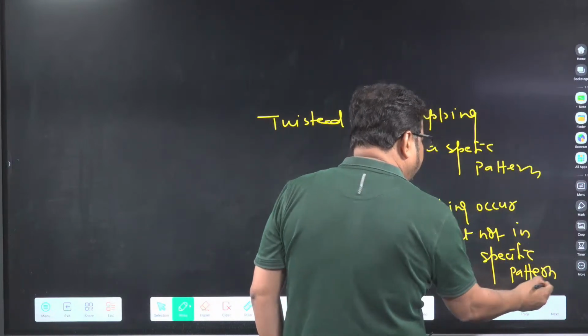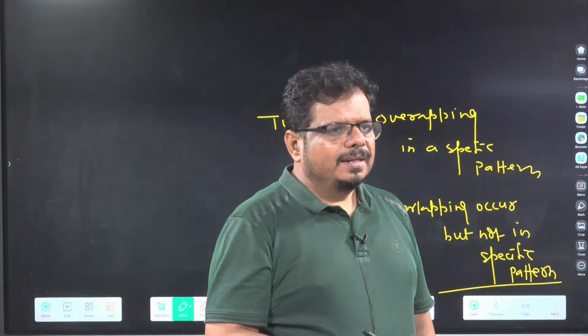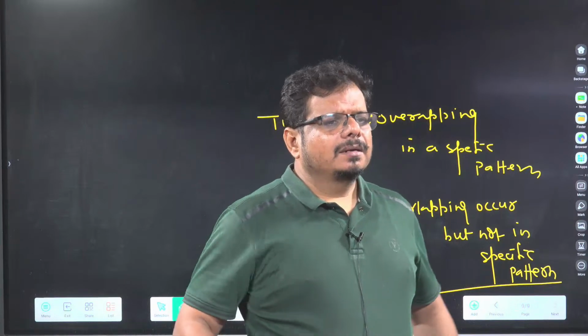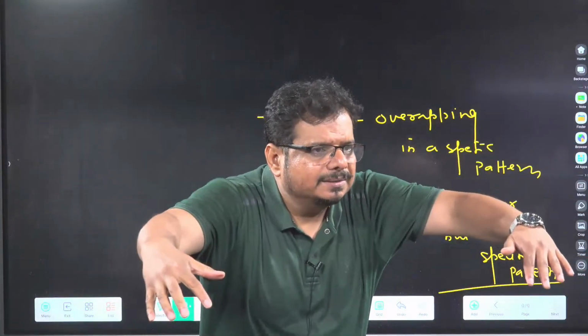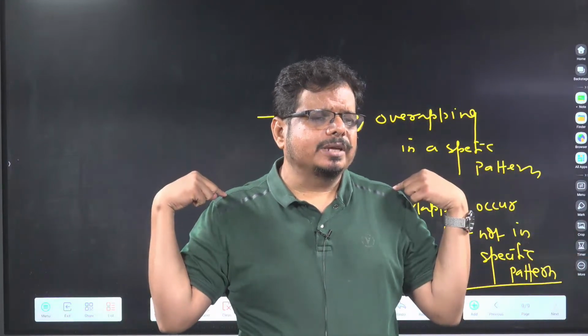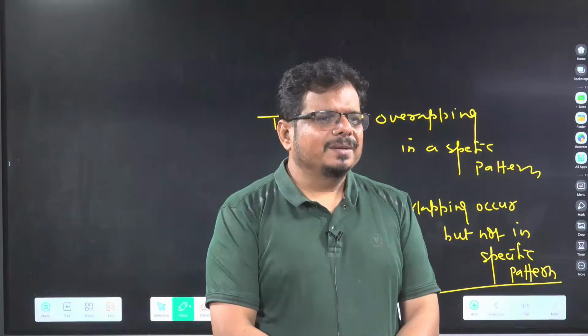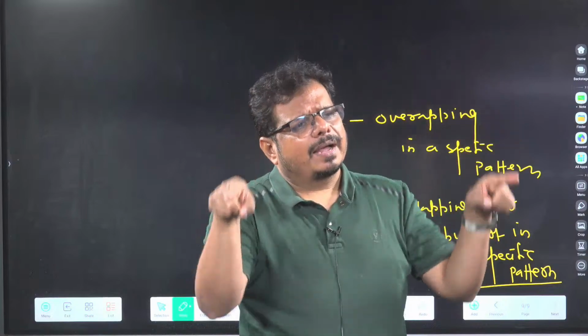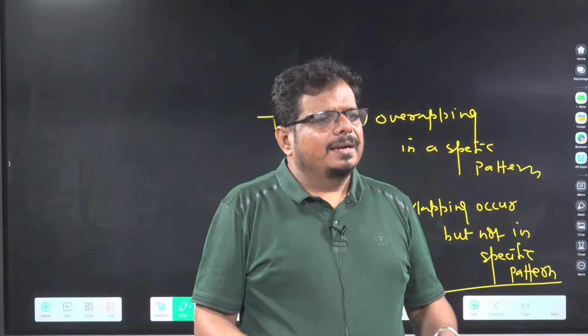NCERT also, the teacher can also ask a question from here. Be careful, listen. In which estivation does one petal overlap the other by both sides, another petal is overlapped from both sides, and the remaining are twisted? You see the NCERT. One is covering the others from both sides, one is covered from both sides, and the remaining are twisted.